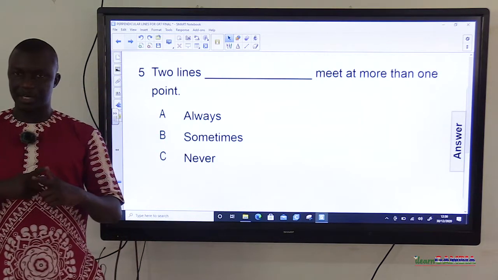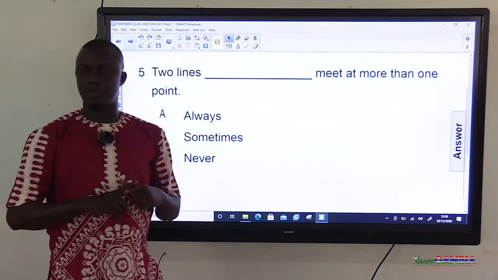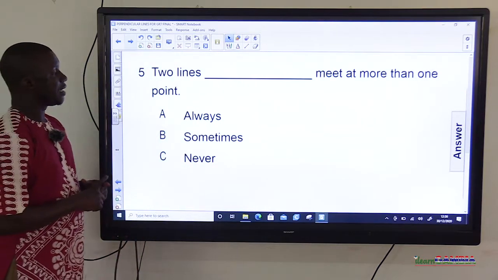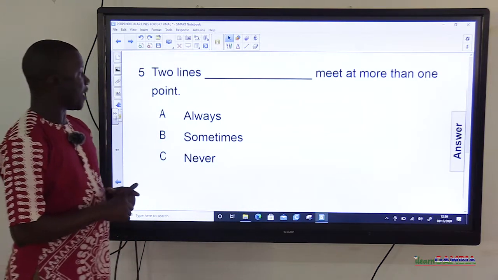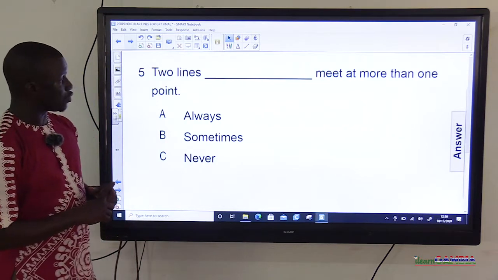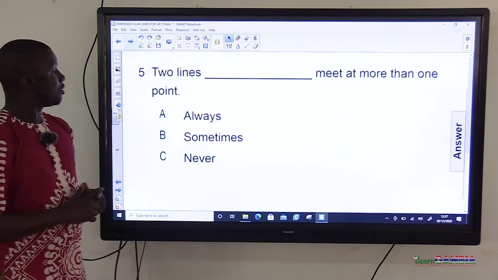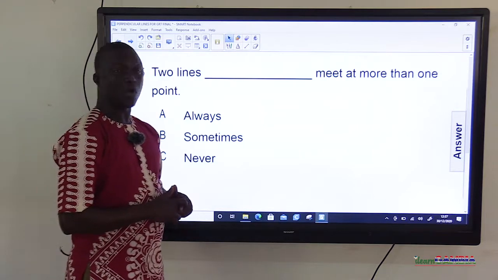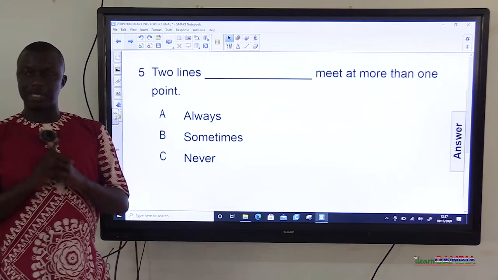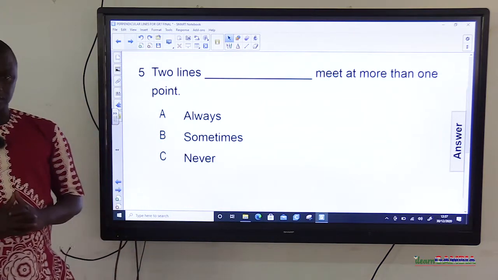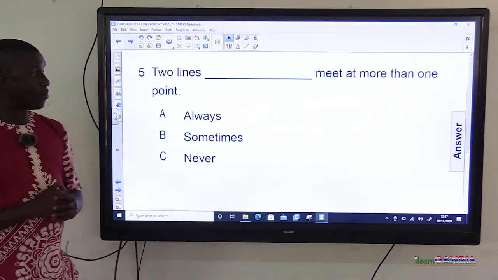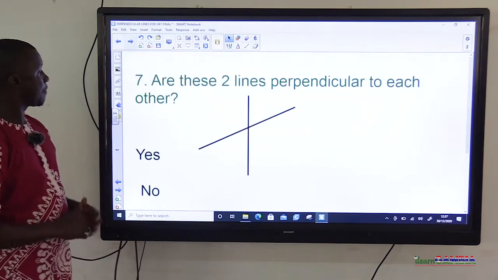Two lines cannot meet at one point and continue to meet at another point. They always meet at one point. So to make this statement correct, two lines never meet at more than one point, because they always meet at one point, not more than one point.